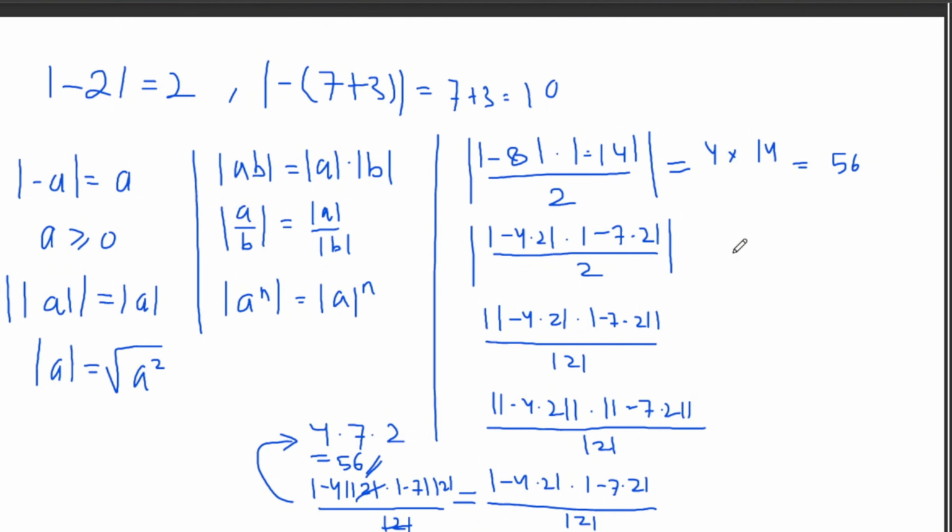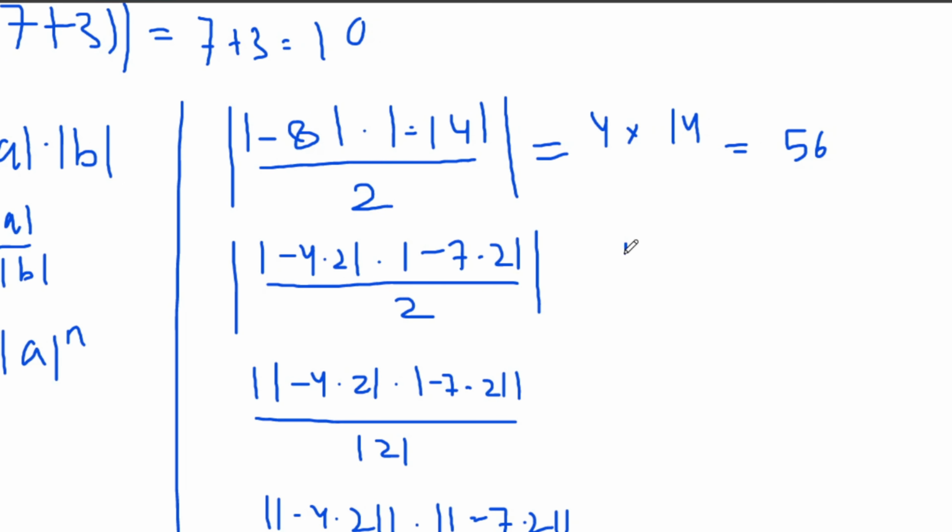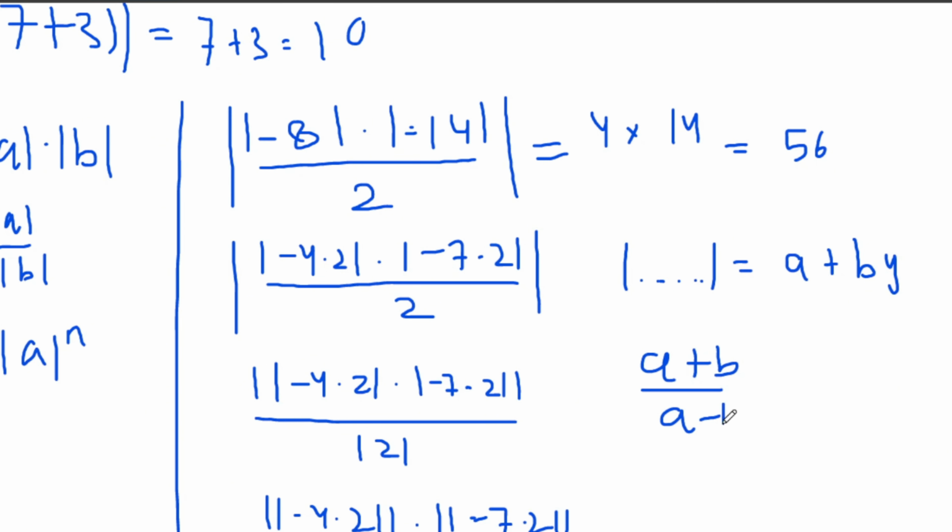This will be useful if there's a question with an absolute value expression that you need to turn into, let's say, a plus b, and then find the value of a plus b over a minus b, where there's still the absolute value of a and the absolute value of b.